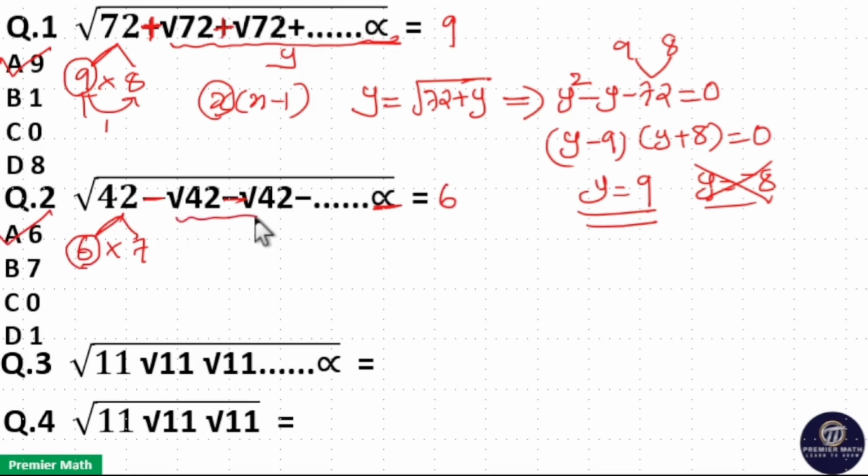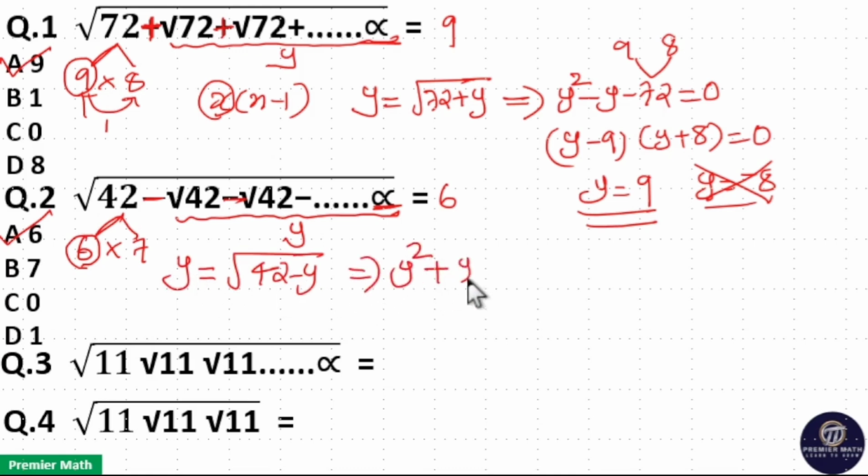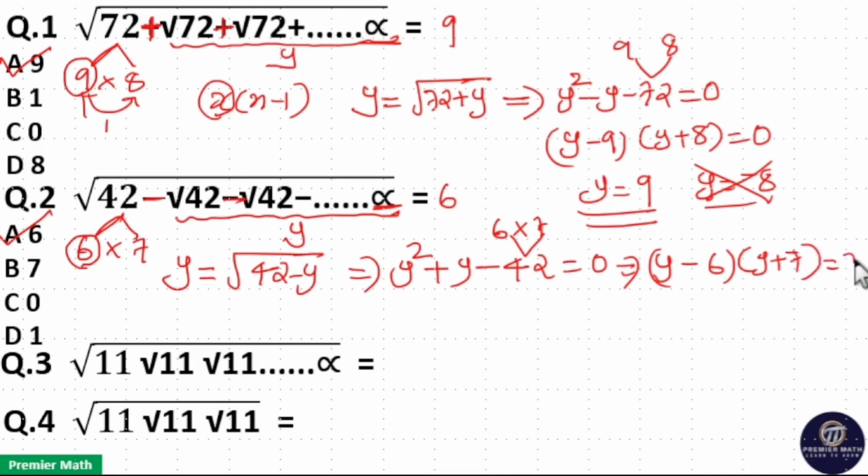That is, here root 42 minus root 42 up to infinity, take it as y. Then I can take this whole term as y. So y is equal to root 42 minus y, which means y square is 42 minus y. Then y square plus y minus 42 equal to 0. 42 is equal to 6 into 7, so I can write it as y minus 6 into y plus 7 equal to 0.